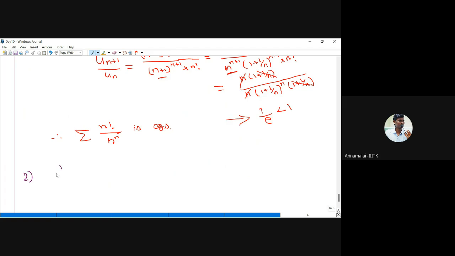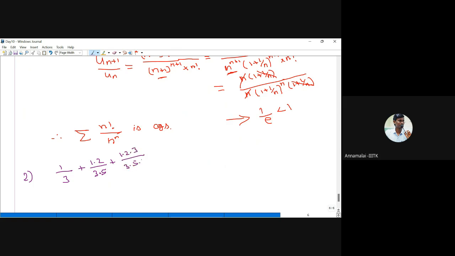So 1 by 3, plus the second term, which is 1 into 2 by 3 into 5, plus 1 into 2 into 3 by 3 into 5 into 7.